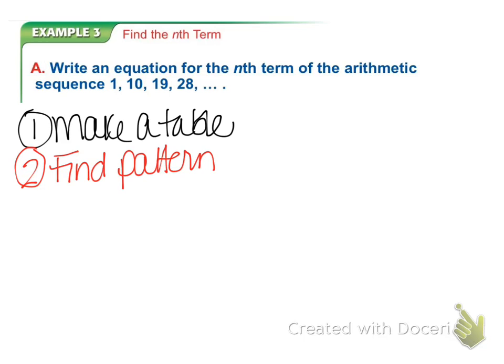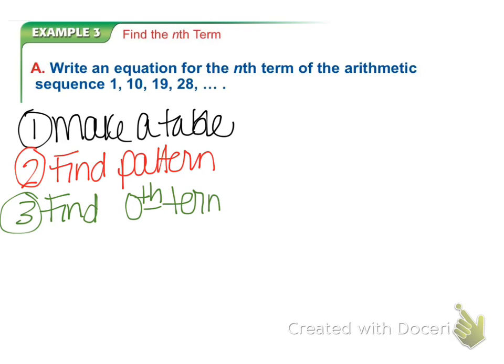And then third, we are going to find what I call the 0th term, and that'll make more sense in just a second. That 0th term is going to be your B.